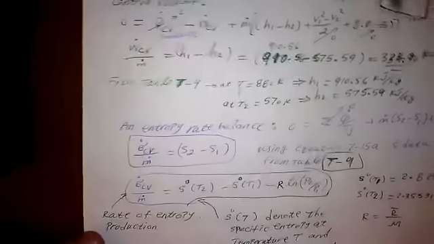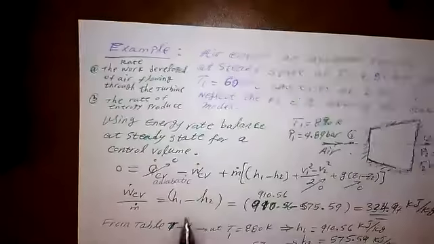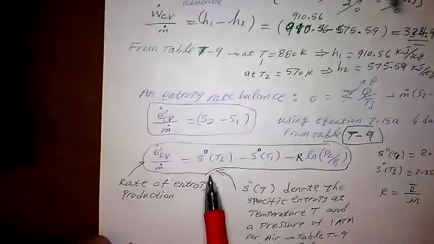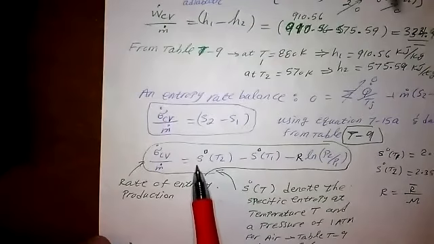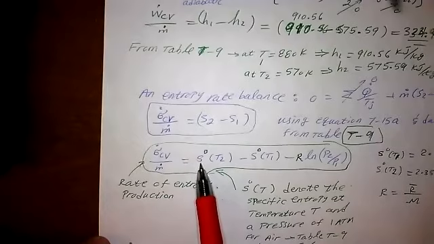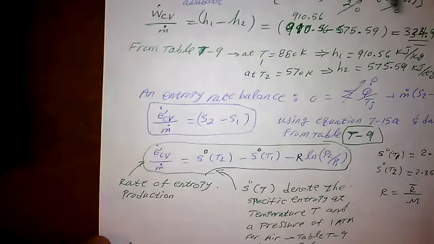Since we are dealing with an ideal gas, since air entered an insulated turbine, we're going to use the formula for specific entropy from table T-9.